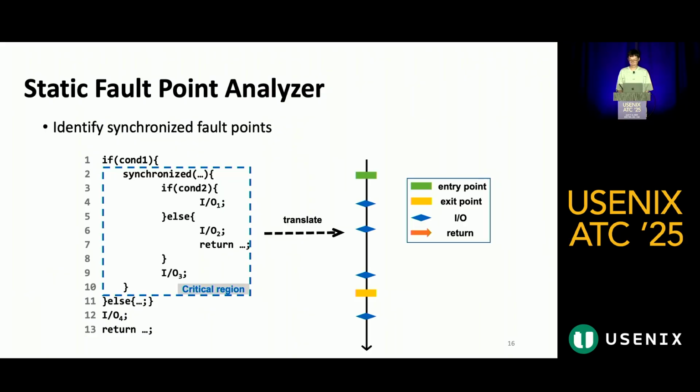However, the branch and the return instructions will introduce more exit points. We need to find the correct exit point so that we can identify the correct critical region. After analyzing many cases, we find the correct exit point should be the last exit point not followed by a return.